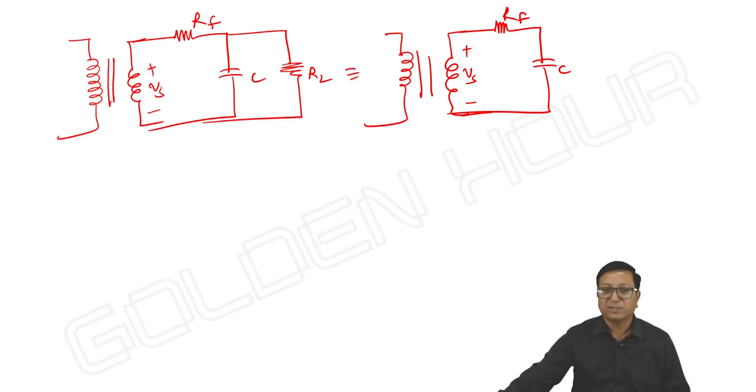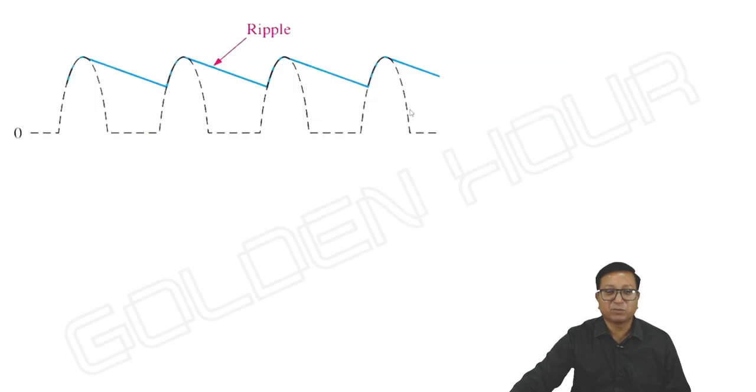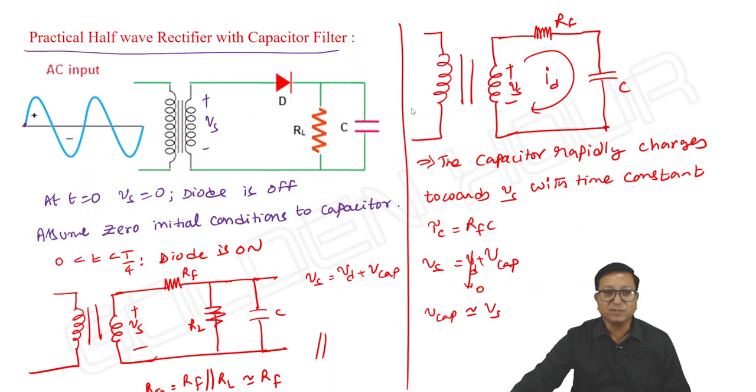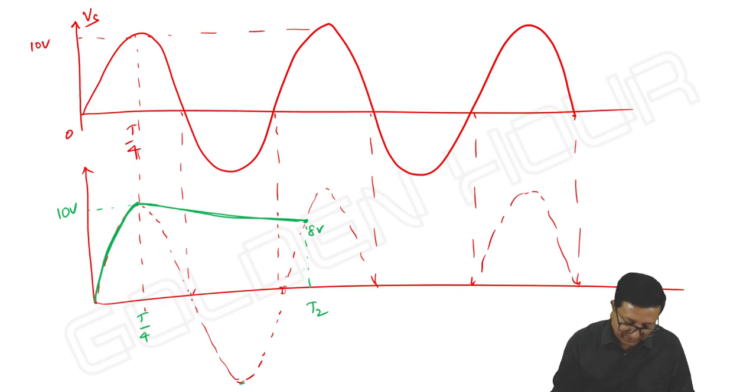So what we can expect here? The output waveform. Again, the capacitor starts charging towards Vs. Almost Vs, capacitor voltage follows Vs. And this will continue until the input reaches its peak amplitude. Whenever input falls below its peak amplitude, by that time the capacitor voltage reaches 10 volts.